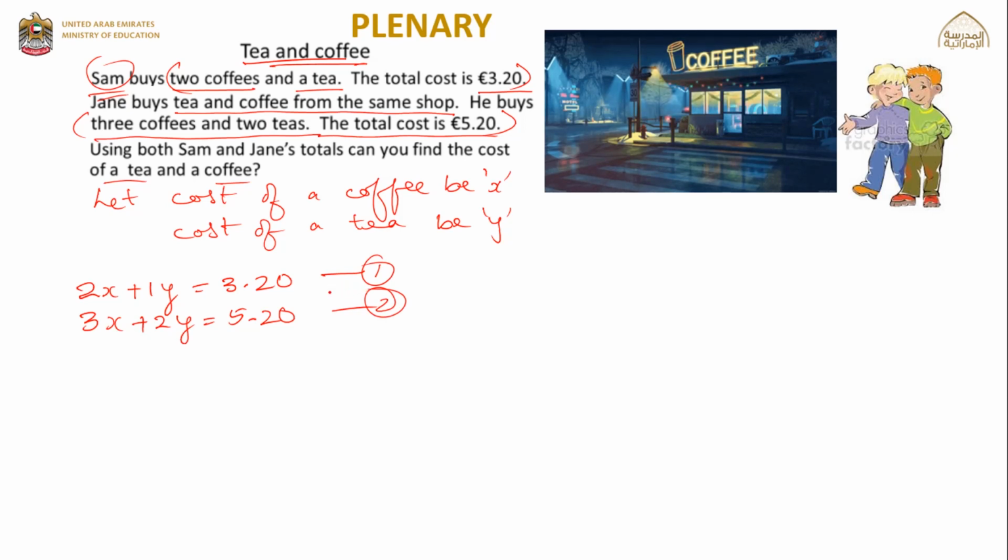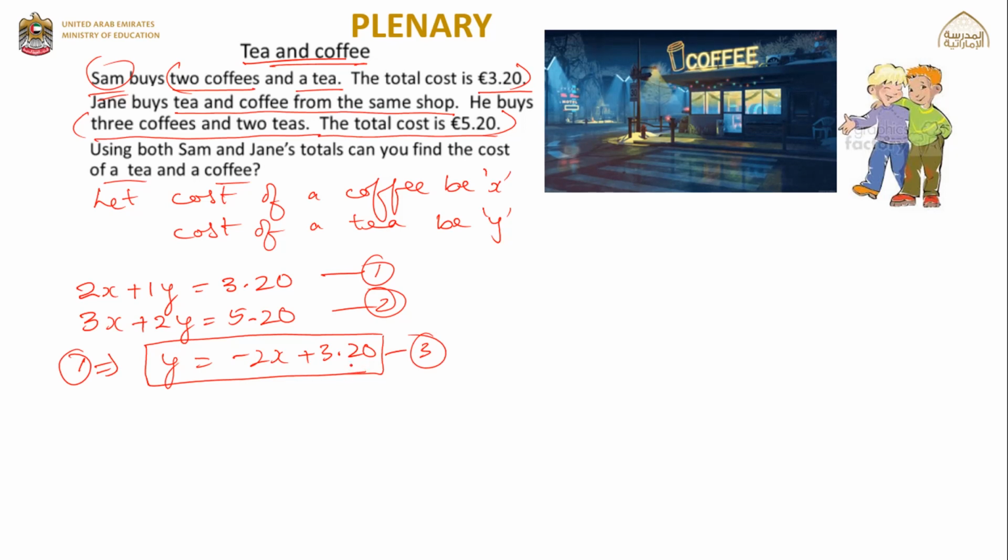So let's recap. What I'm going to do is take the simplest equation, which I think would be equation number 1. Rewrite this in the slope intercept form. So I'll be rewriting this as y equal to, when 2x goes to the other side, negative 2x plus 3.20, with y as the subject. Now this is in y intercept form. So here, let me label this as equation 3.